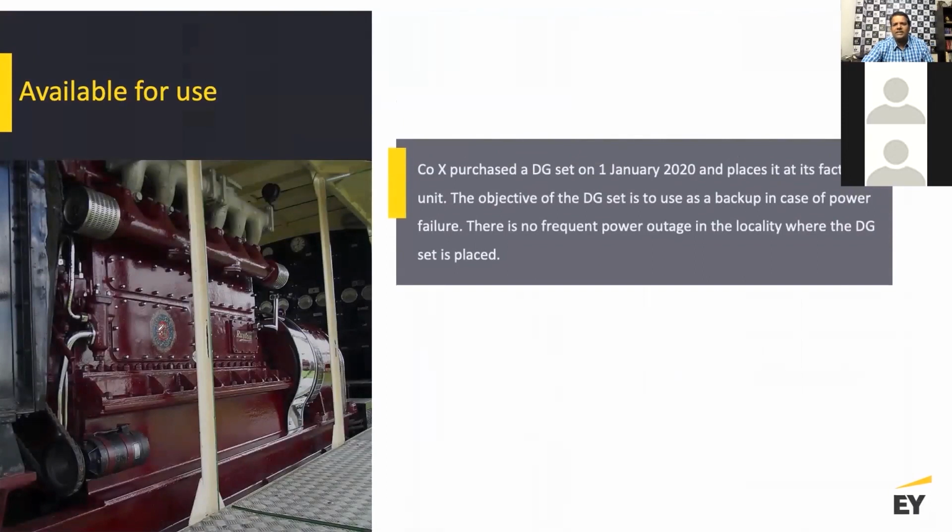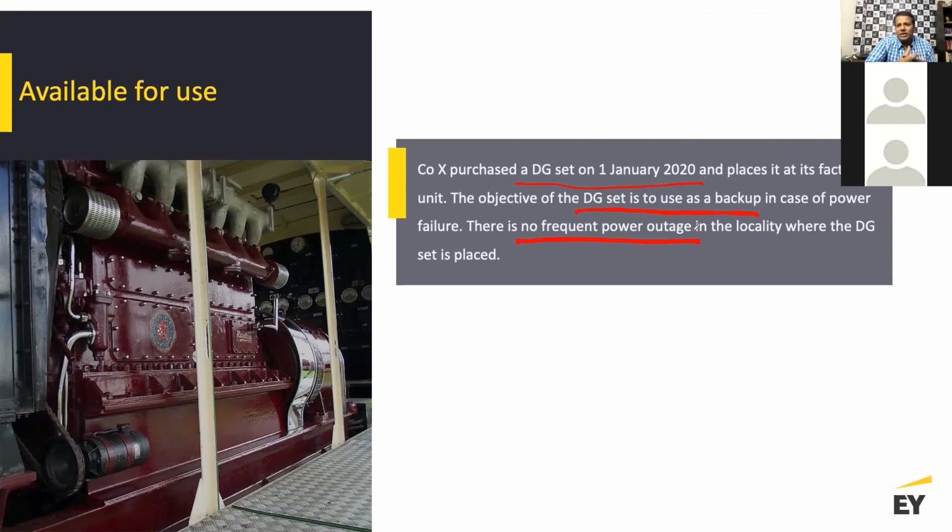Now let's look at this example in terms of an asset which is available for use. Company X in this example purchased a DG set on 1st of January 2020 and places it at its factory unit. The objective of the DG set is to use it as a backup in case of power failure. There is no frequent power outage in the locality where the DG set is placed.